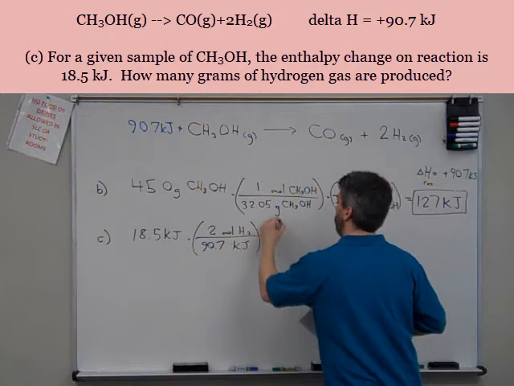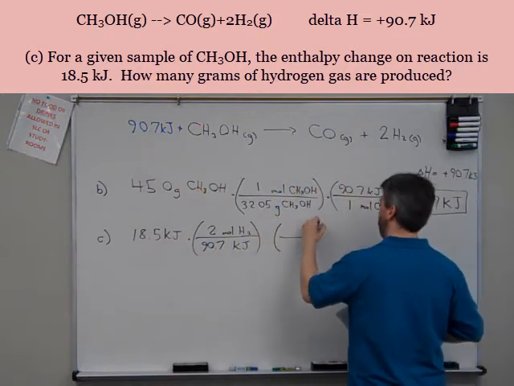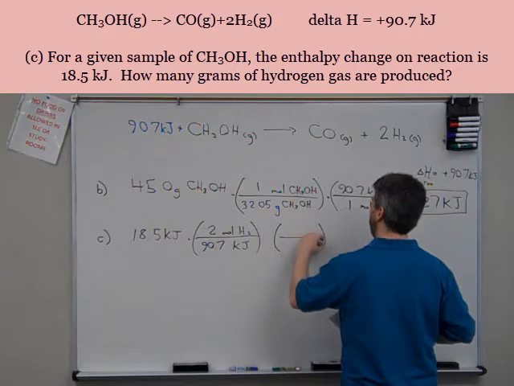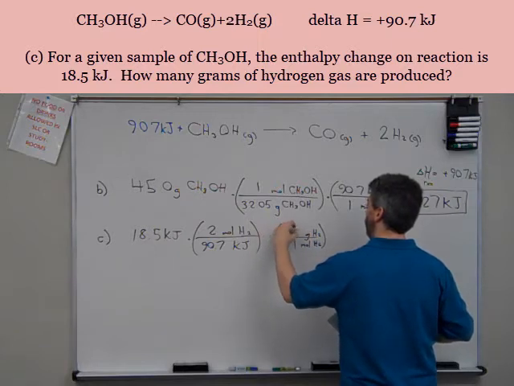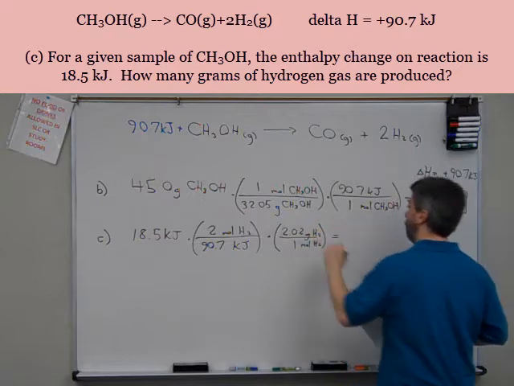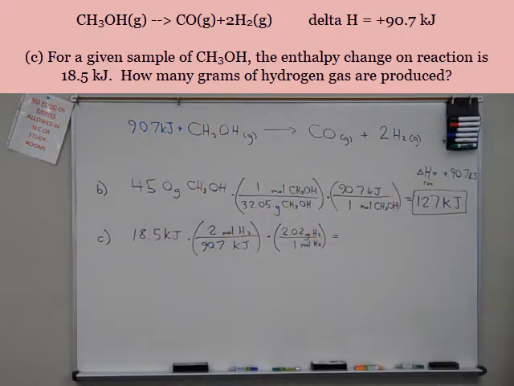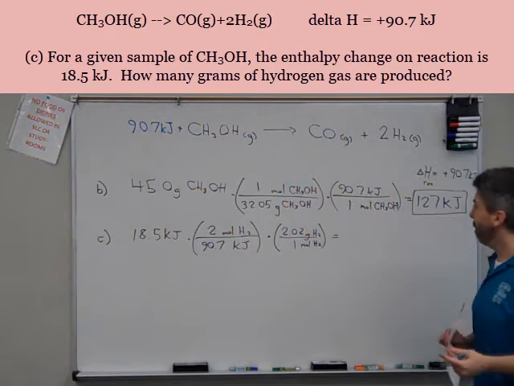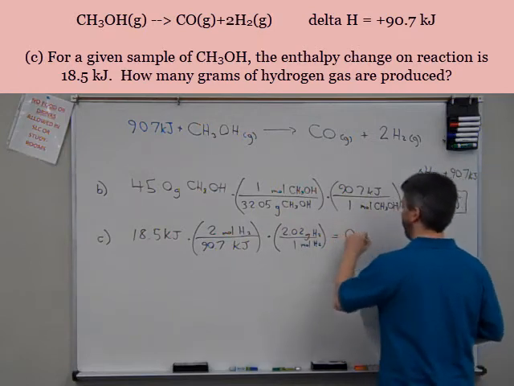And now that I have moles of hydrogen, I can convert to grams of hydrogen. So moles of H2 comes on the bottom and grams of hydrogen comes on top. 1 mole of hydrogen is equal to 2.02 grams of hydrogen. Now I can simply multiply everything on top, divide by everything on bottom, and I will get something. What is my something?